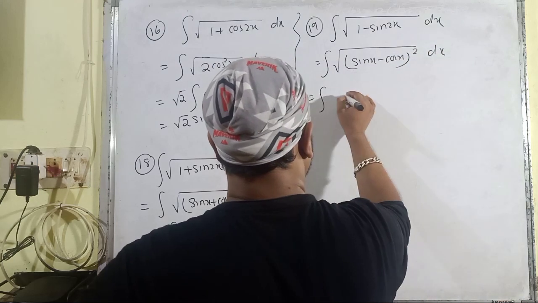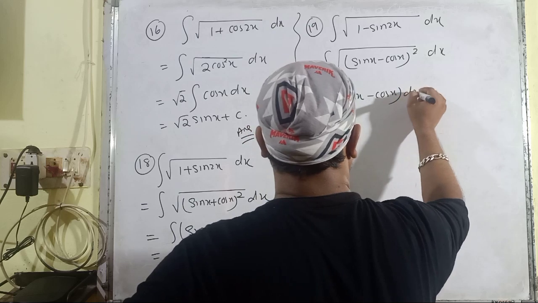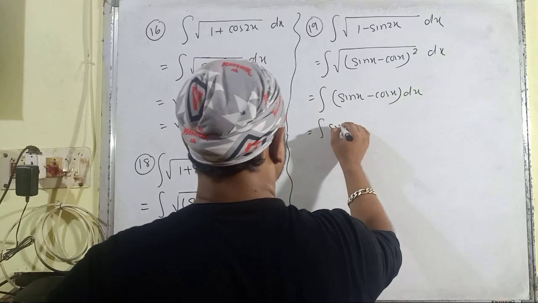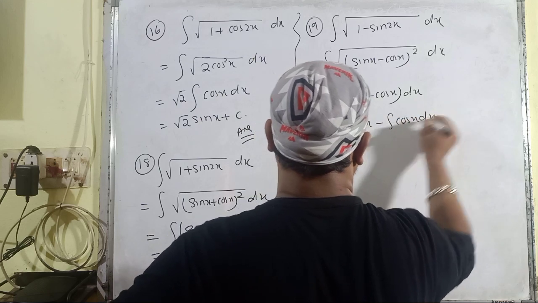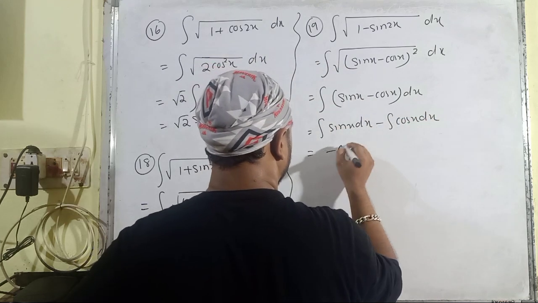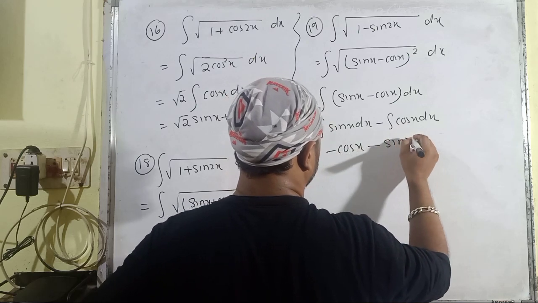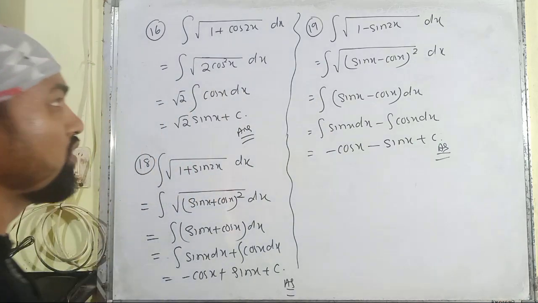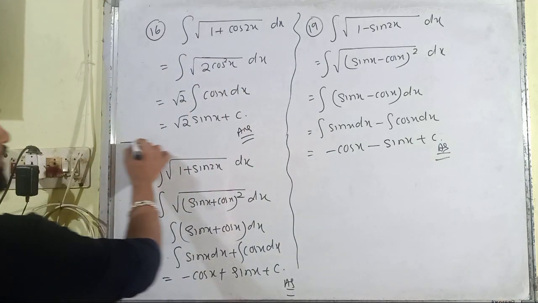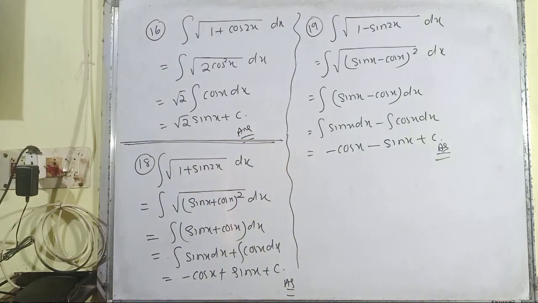Then it will be just integral of sin x minus cos x. Then it is integral of sin x dx minus integral of cos x dx. Integral of sin x is minus cos x. Then minus integral of cos x, which is sin x plus any constant c, and this will be the answer for problem number 19. Then coming to problem number 20 and onwards.